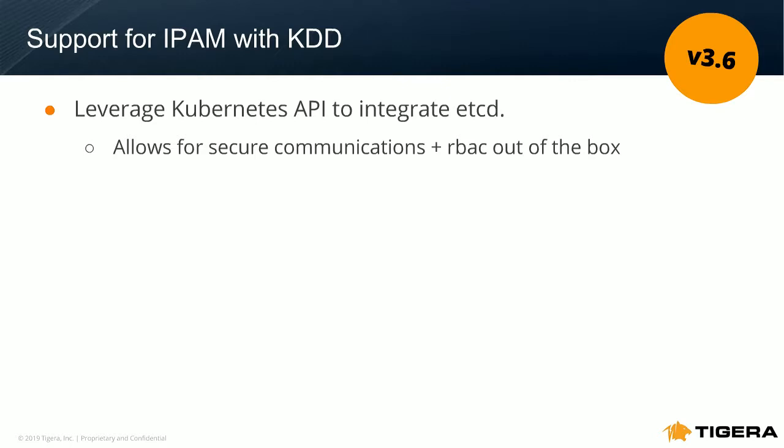And one of the nice things about leveraging Kubernetes in order to talk to etcd is that you get secure communications out of the box, as well as RBAC, right? So just a much cleaner, simpler way, and really the way most folks are installing Calico in production nowadays.